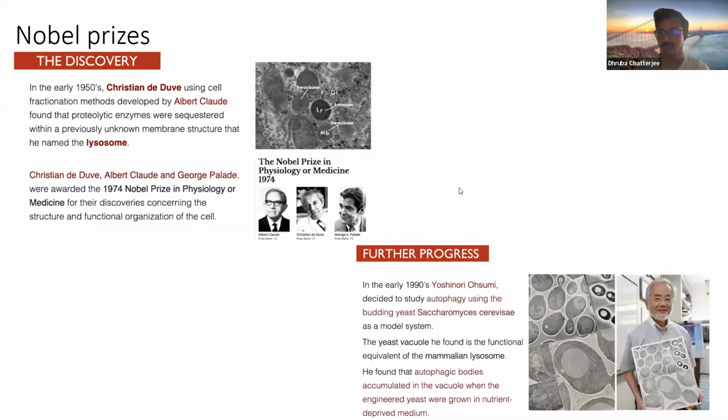Several Nobel Prizes have also been awarded for elucidating the different subcellular compartments, the endomembrane compartments, like the Golgi and the protein sorting machinery, to which George Palade contributed considerably. Albert Claude and Christian de Duve played an important role in finding out the organelle lysosome using subcellular fractionation methods.